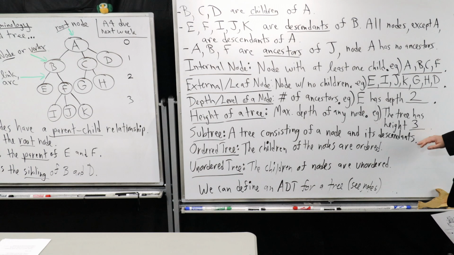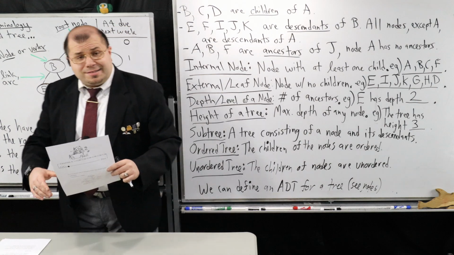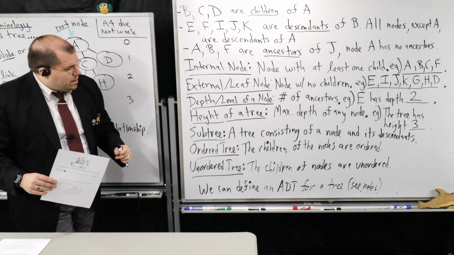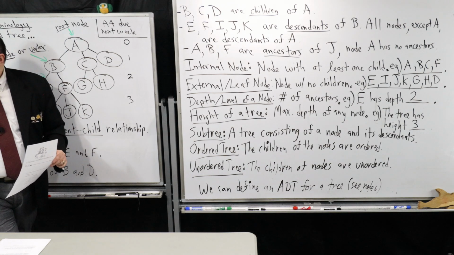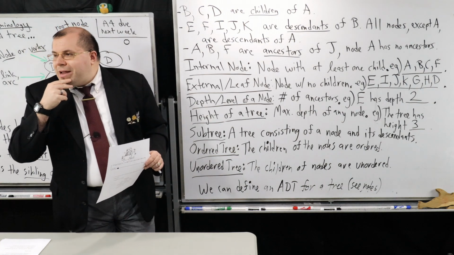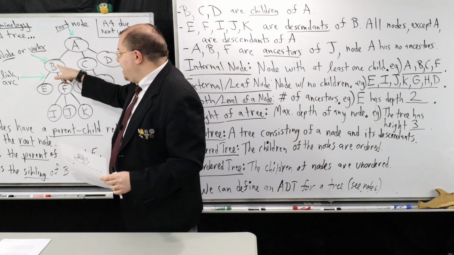So note that we have other kinds of terminology I want you to be aware of. For example, one that's going to be relevant for us today is the concept of a subtree. So here's the idea. It's really not that complicated. It sounds a little complicated at first, but remember, when we count the ancestors, the whole idea is I start at my node and I count the ancestors, right?